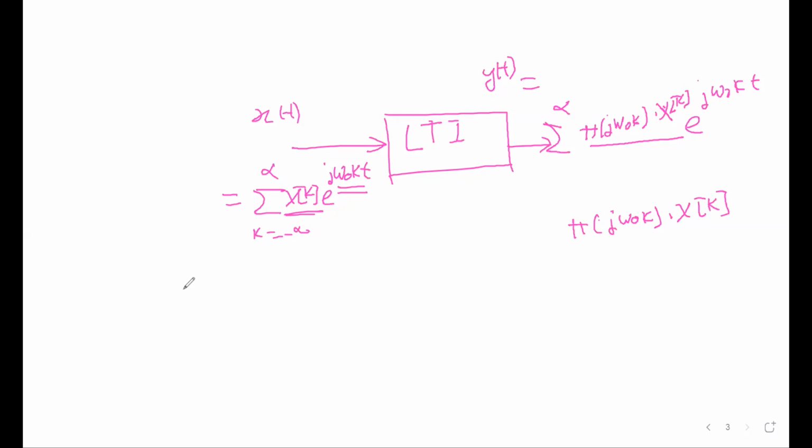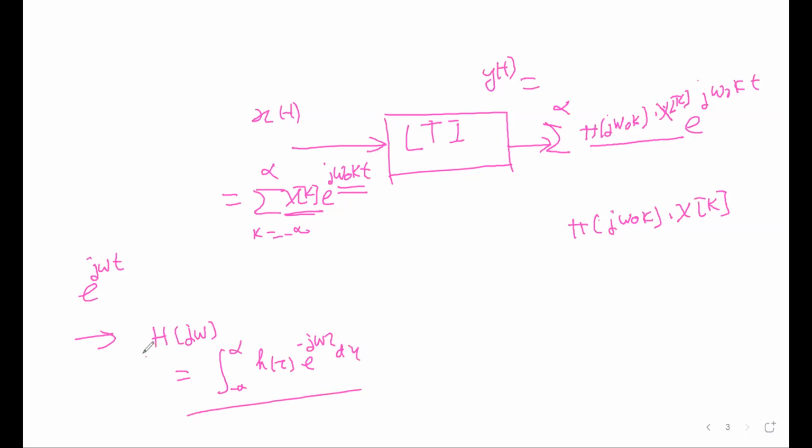When we derived the relationship, we considered the signal as e to the power j omega t. Then we defined a function H(j omega) equal to the integral from minus infinity to infinity of h(tau) e to the power minus j omega tau d tau. This is called the frequency response or transfer function for all frequencies. But as our input contains frequencies that are integer multiples of omega 0, omega is now discrete.